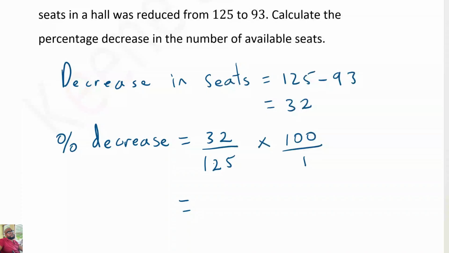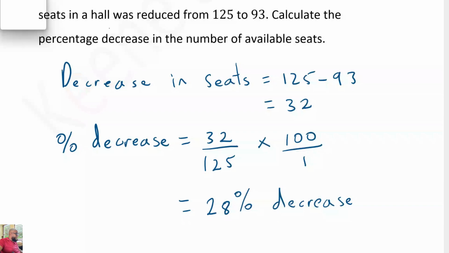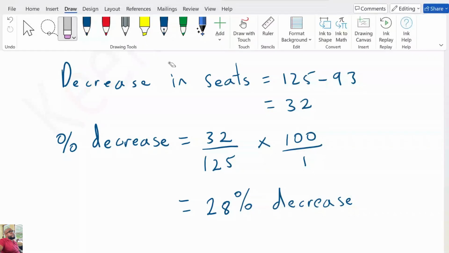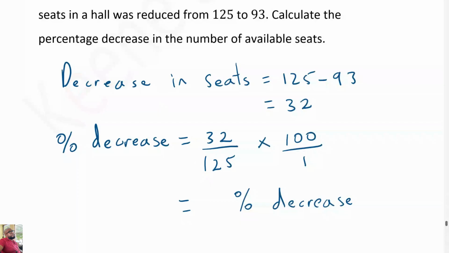Give me the answer there. So when you press A and B over C, you get 25.6%, yeah.